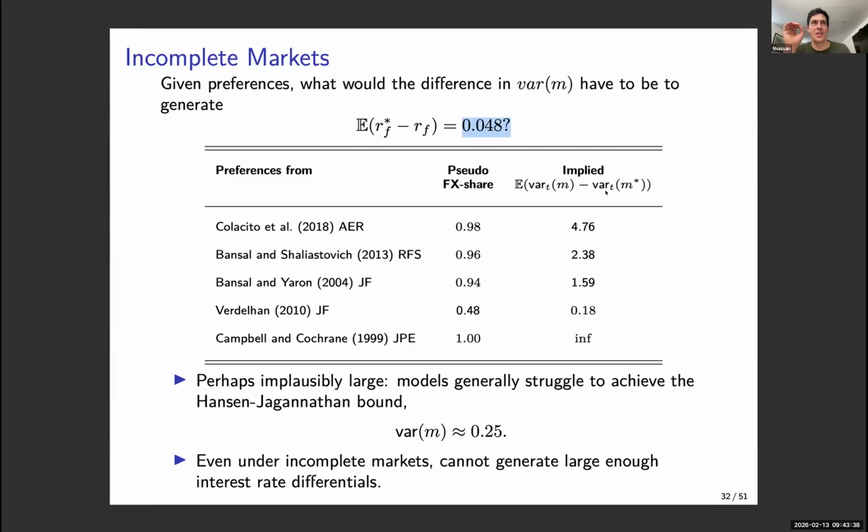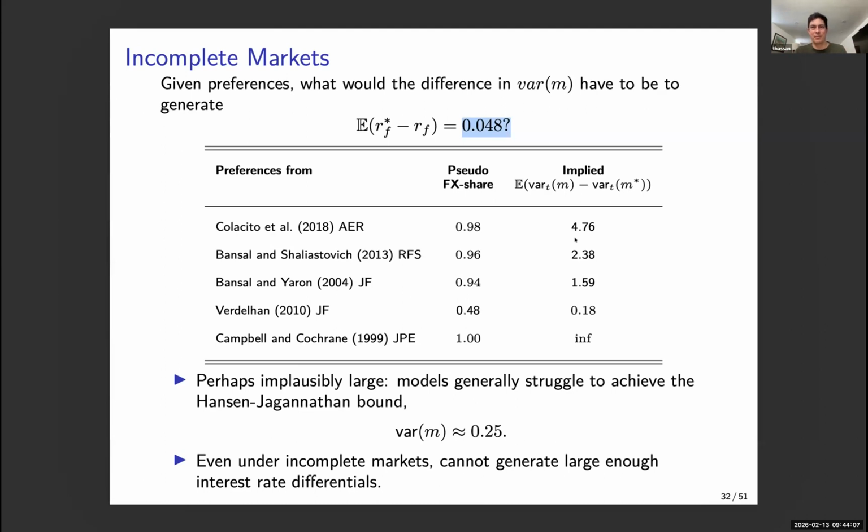Remember, the Hansen and Jagannathan bound is that the variance of M is 0.5 squared, so 0.25. Okay, so 0.25 is a large number. So in order to get large enough interest rate differentials in any of these models, I would have to have giant differences in the variance of M across countries, even if I make the model arbitrarily incomplete.